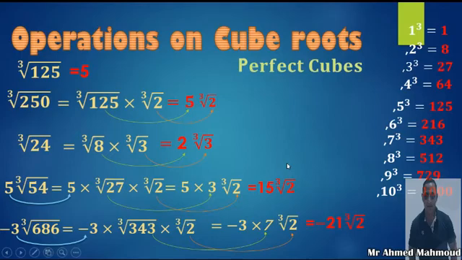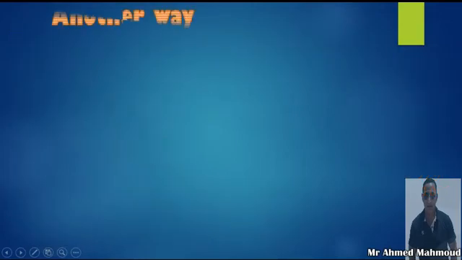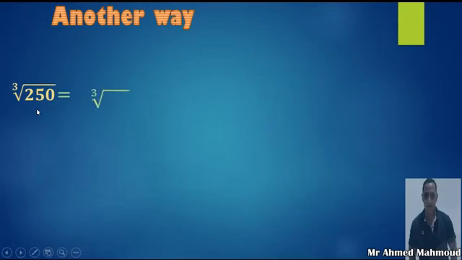Actually, we have another way, if we don't use the perfect cube and the multiplication table. The other way, if we have cubic root 250, we are going to use the prime factorization. First, we need to remember the prime numbers that are 2, 3, 5, and 7.